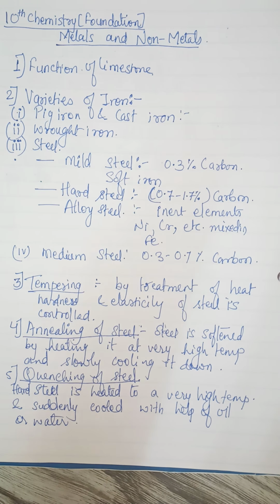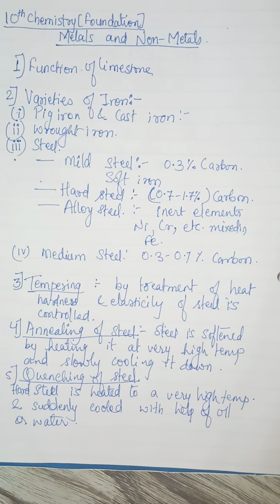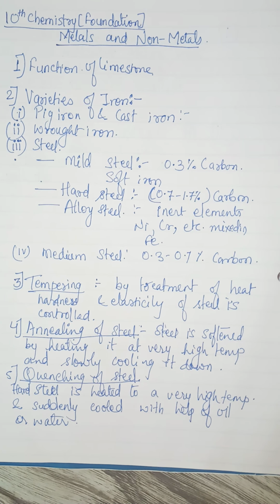To prevent this, we do many things, like we paint the iron articles, so that oil painting is done so that the oxygen does not come in contact with it. Then we make alloys, right? Then galvanizing and anodizing, then tinning, etc., the processes already discussed. So I hope everything is very clear to you.